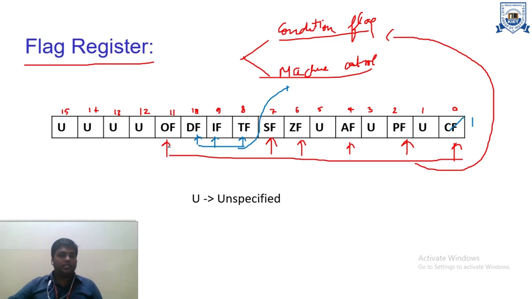In single step execution mode, one instruction is executed, and then the trap routine is called. That is the meaning of one step execution.